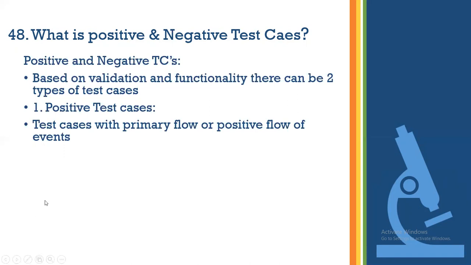Those types of test cases we call positive test cases. Example, test case with valid inputs. It is an example only, this is not the definition. Test cases with primary flow or positive flow of events, that is positive test cases.